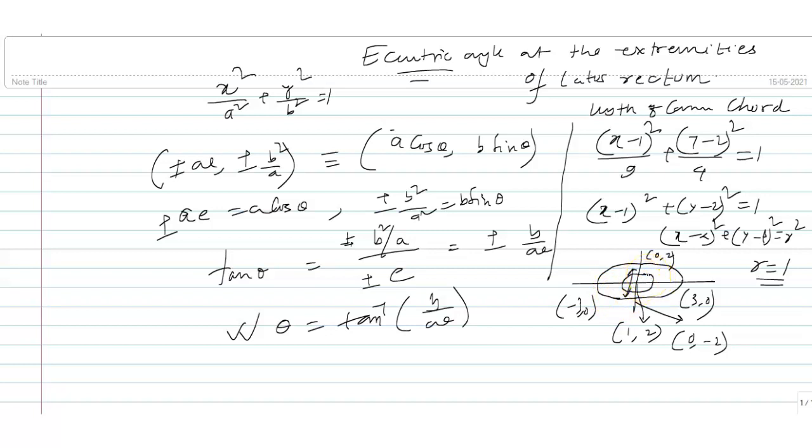So if the circle radius is small, then you can say there is no common chord. If the circle is lying inside the ellipse, then how will you find the common chord?